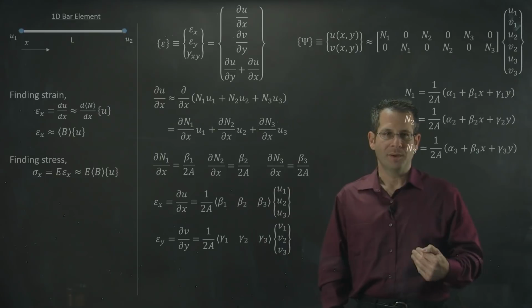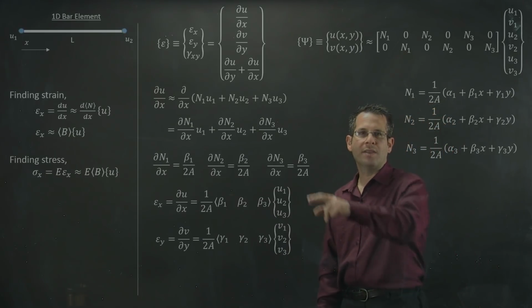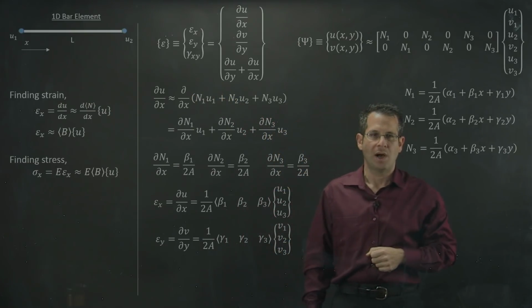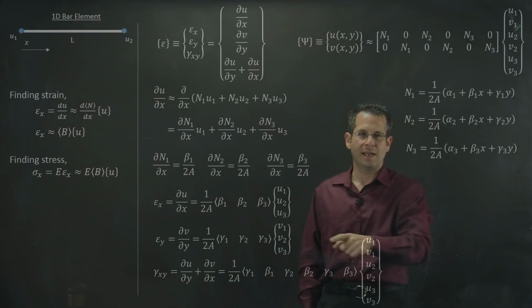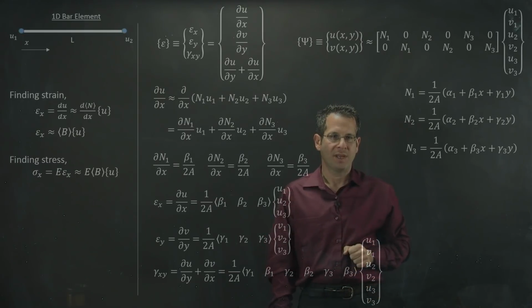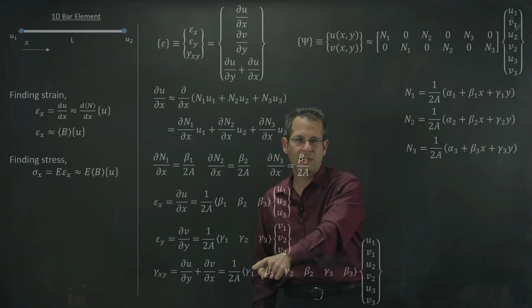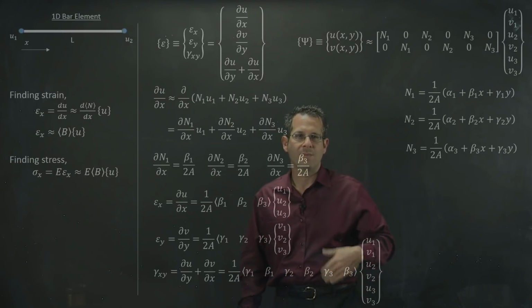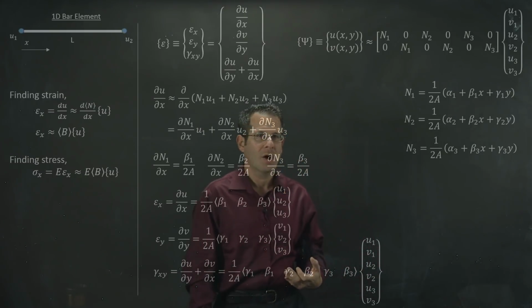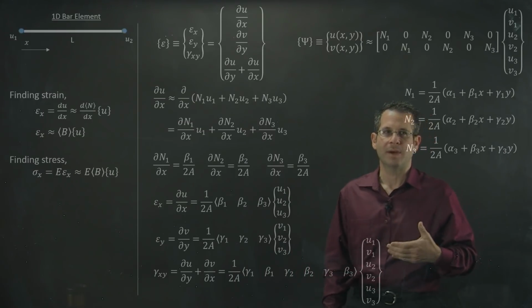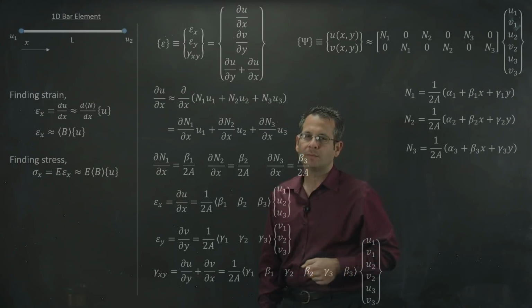Similarly, but with a little bit more work, I can also show that the shear strain in the xy direction can be written as all six components of my displacement vector times gamma 1, beta 1, gamma 2, beta 2, gamma 3, beta 3. Remember that these alphas, betas, and gammas are made up of geometric information about the locations of each vertex or each node.